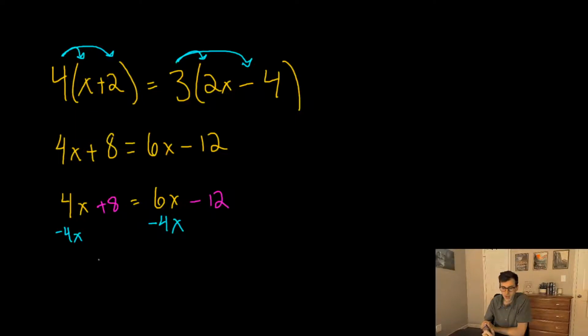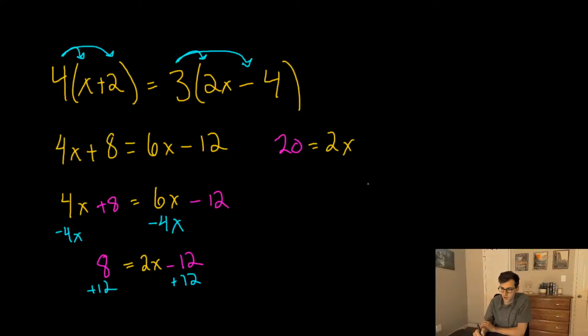Subtracting 4x on each side gives me 8 equals 2x minus 12. Add 12 to both sides. Then I have 20 equals 2x.